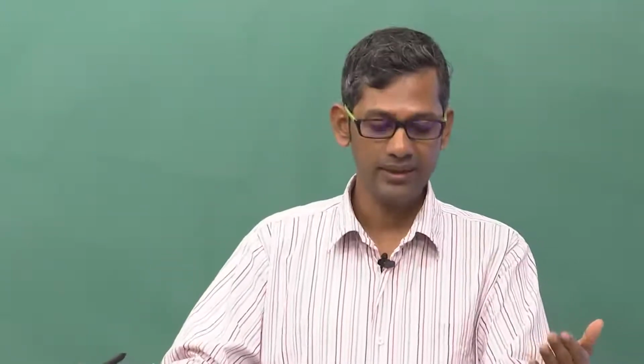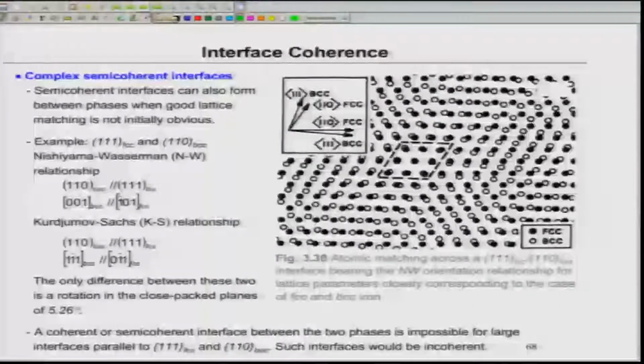So, the 11 bar 0 direction contained in the 110 BCC plane is also parallel to the 1 bar 01 direction contained in the 111 FCC plane. Or it can be that the first relationship is maintained as in the Kurdjumov and Sachs relationship, which is KS type, but the directions contained in both the planes that are parallel in this case are different.